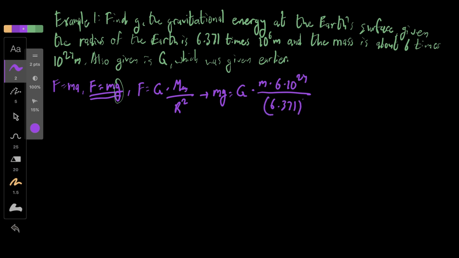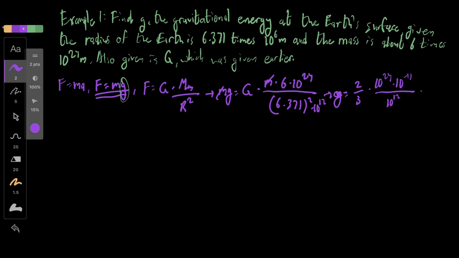6.371 squared. So canceling out the m's and substituting big G, we get 2/3 times 10 to the 24th times 10 to the negative 11th, divided by 10 to the 12th, multiplied by 6 over 6.371 squared.